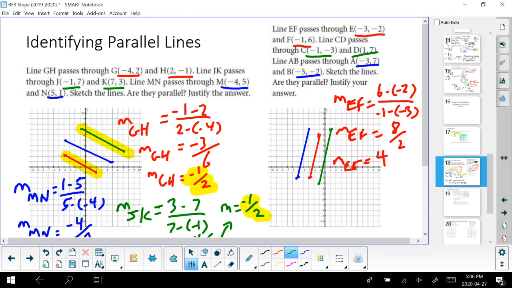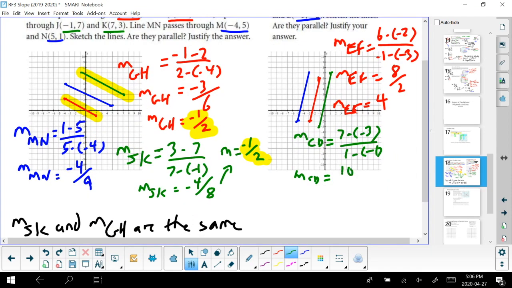Next, the line CD. So the slope of CD is given by 7 minus a negative 3 over 1 minus a negative 1. And this can be reduced to 10 over 2. So the slope of C to D is actually equal to 5.